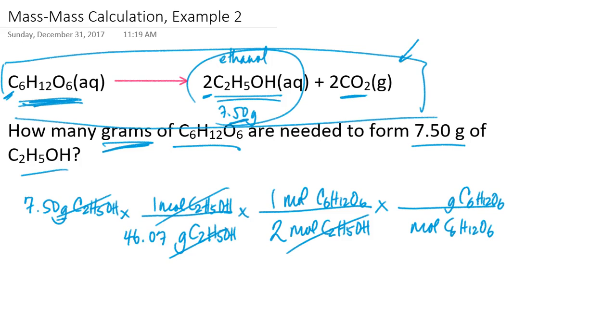Again, I'll leave it to you to verify since we've already covered how to find molar masses, but that should be 180.2 grams of glucose for every 1 mole of glucose. And so if I cancel my last set of units, I'll end up with an answer in units of grams of glucose. So I would need to take 7.5, divide by 46.07, divide by 2, multiply by 180.2.